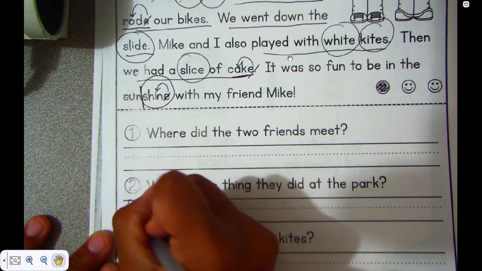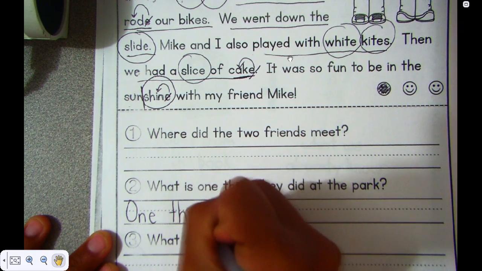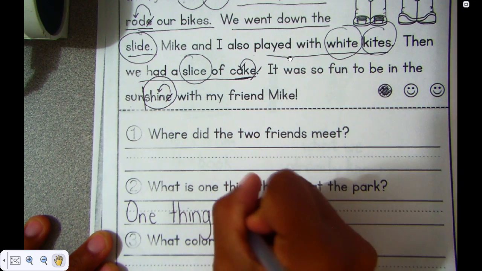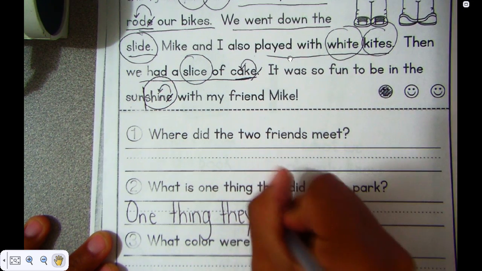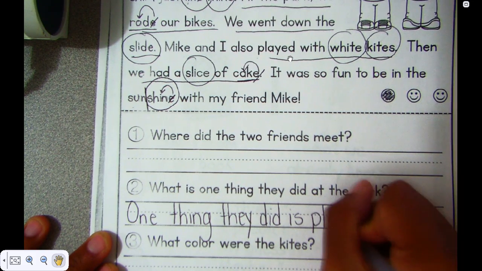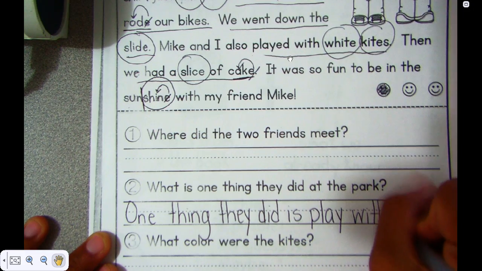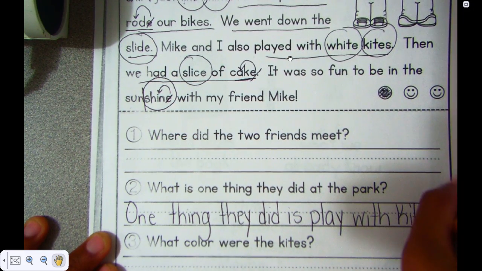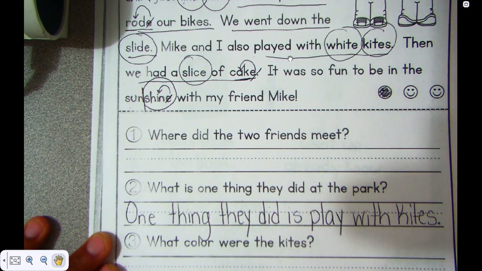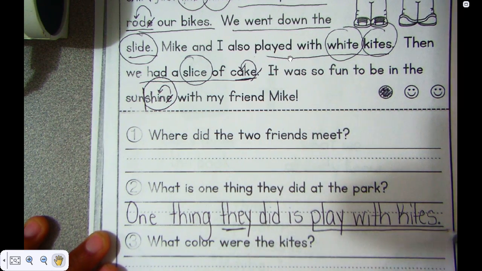Capital O. One thing they did is play with kites. And I put a period. And it's a complete sentence. Who I'm talking about and what they're doing.